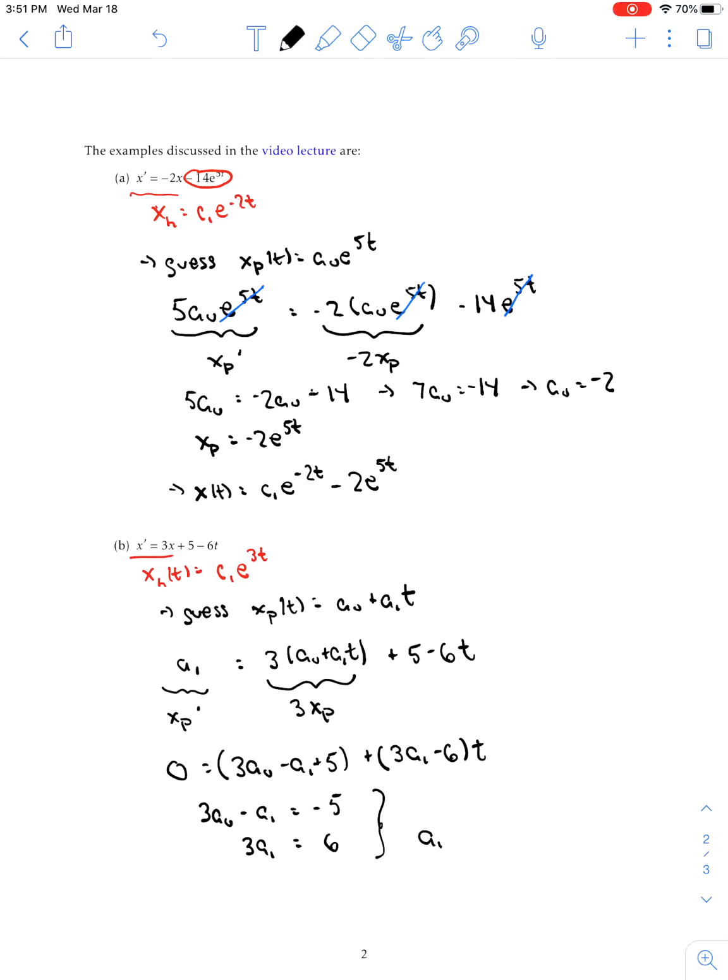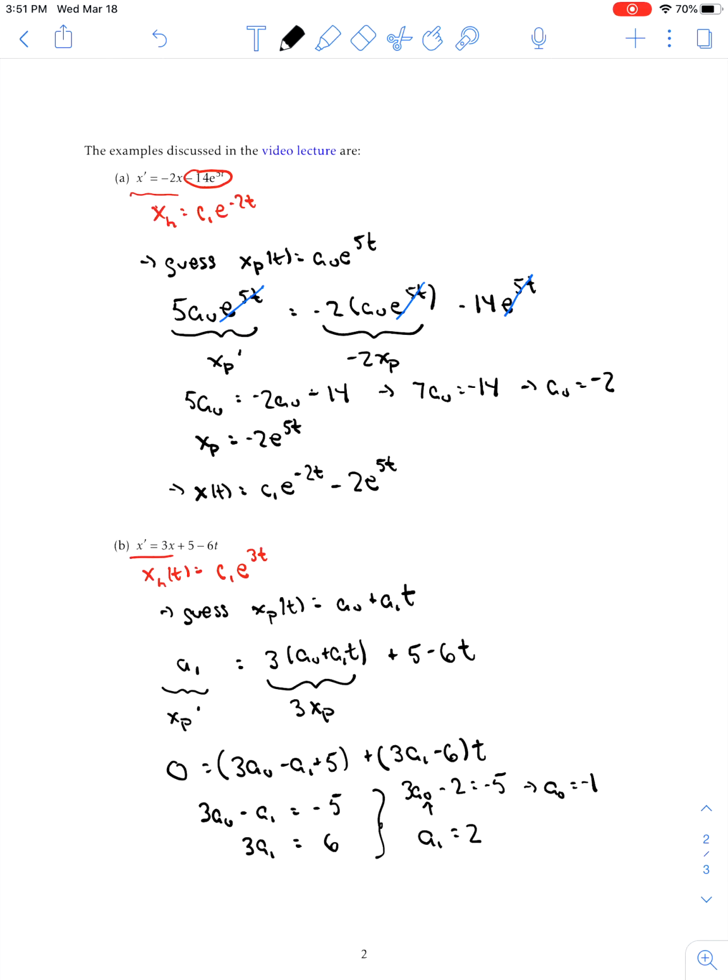Second equation tells me a1 is equal to 2. I plug it into the first equation, and we get 3a0 minus 2 is minus 5. And so that tells us then that a0 is minus 1.